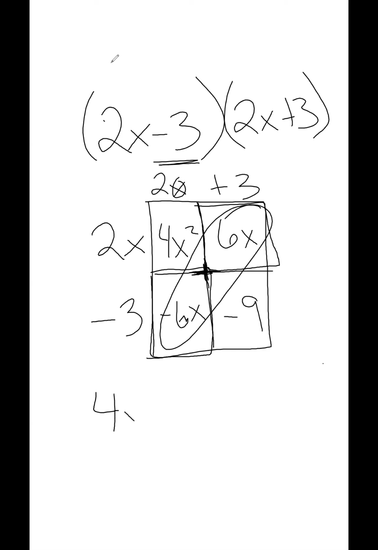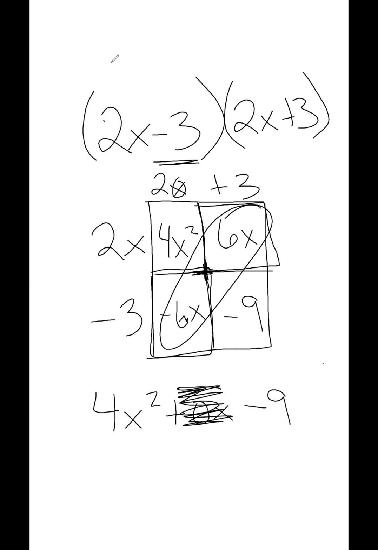I don't have anything to combine with 4x squared. 6 minus 6 is 0. So I'm going to write it out. If you wanted to write it out, you could say plus 0x and then leave the -9. But just know that when you have answer choices, they just take it out because it's 0. There's nothing there.